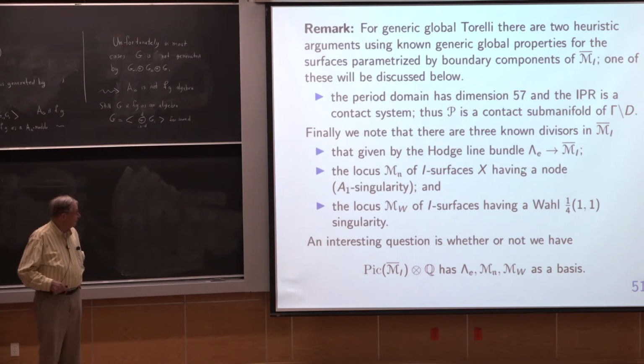Then there's the locus of surfaces having a node, and the locus of surfaces, these are the interesting ones, having this 1/4(1,1) singularity. It's not known whether these are a basis for the Picard group of this. This would be a very nice global theorem, sort of like one knows what the Picard group of M_g bar is: two generators, the Hodge line bundle and the nodal curves. This would be the analog.